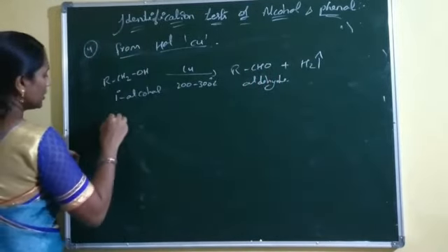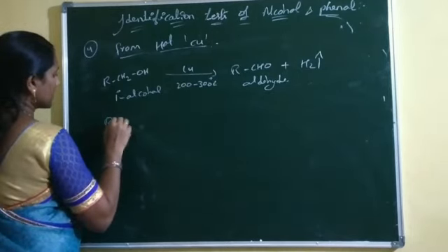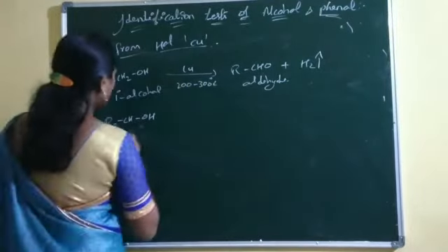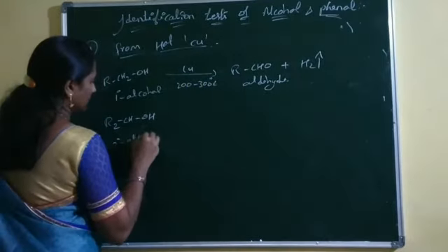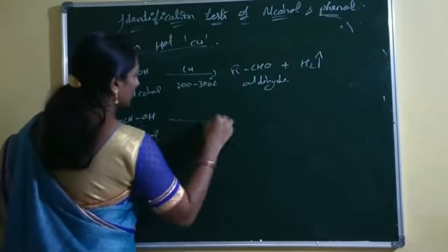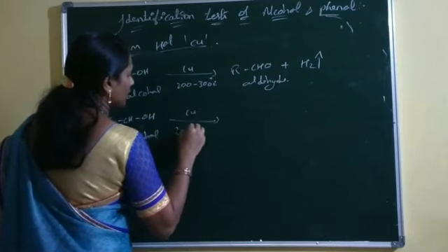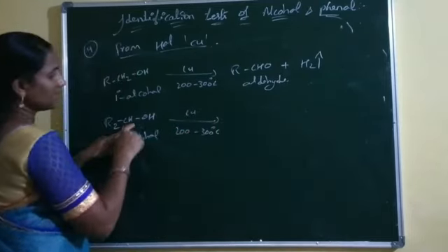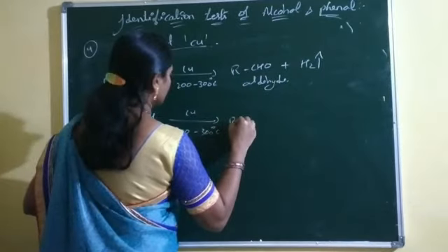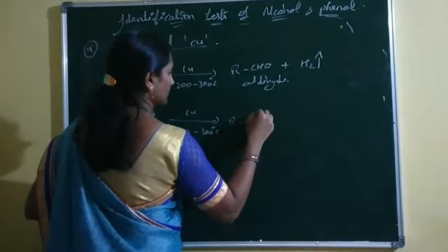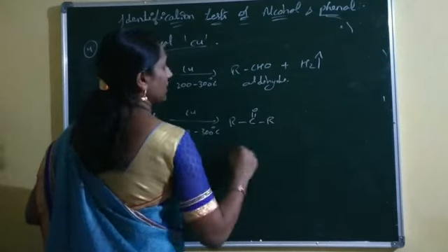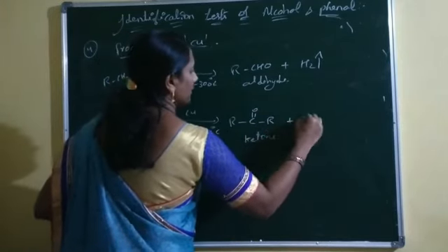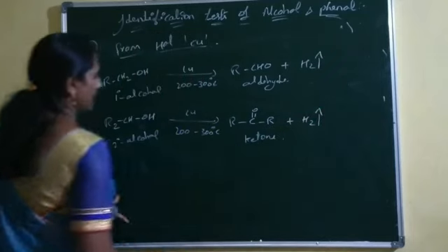And again you take secondary alcohols. The secondary alcohol is treated with copper at 200 to 300 degrees centigrade. Secondary alcohol turns to ketone by the elimination of H2 gas.